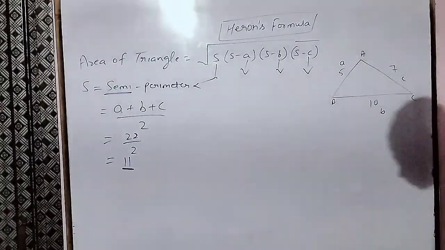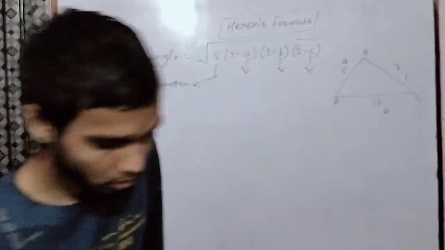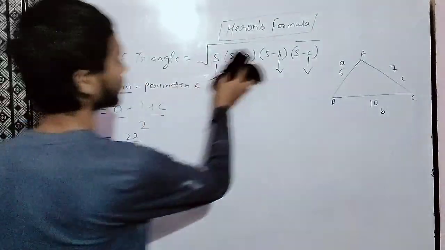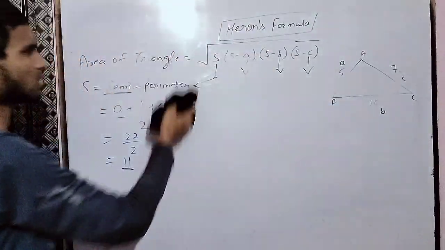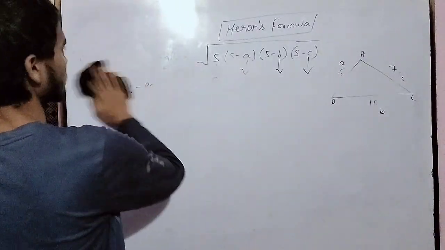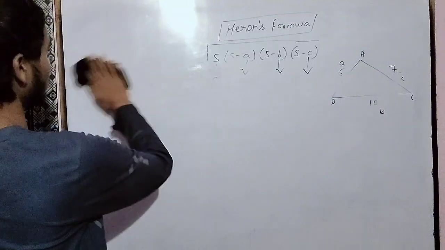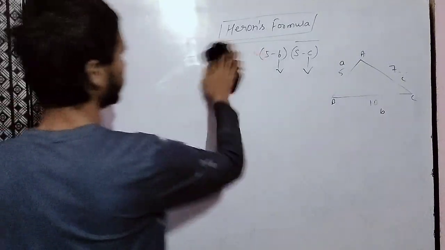Now a question. There is one question. Again, I am telling you this formula is very easy, you are just going to solve it. In this lecture, beyond it, you will see some questions. That's it.